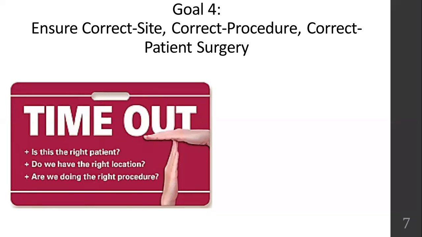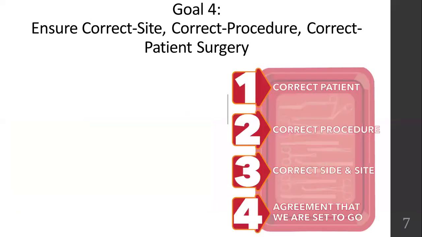You have to ask: is this the right patient? Do we have the right location? Are we doing the right procedure? The surgical team has to confirm with each other. Everyone should agree to the answer. So correct patient, correct procedure, correct site, and agreement that we all are set to go.